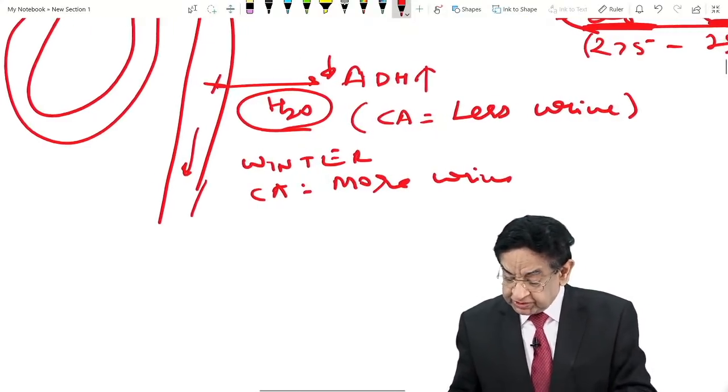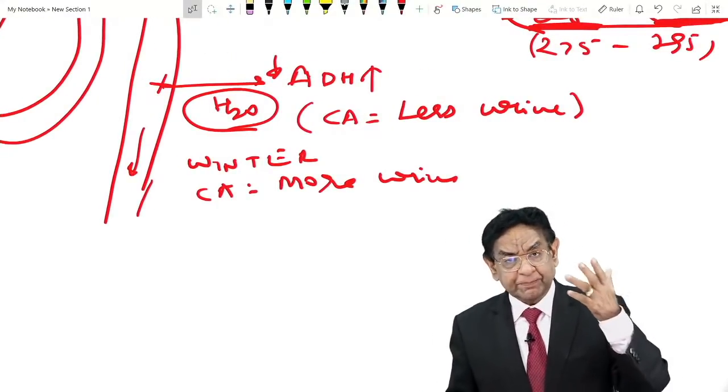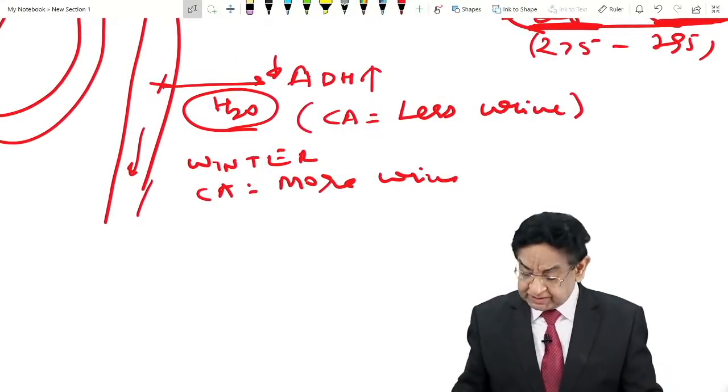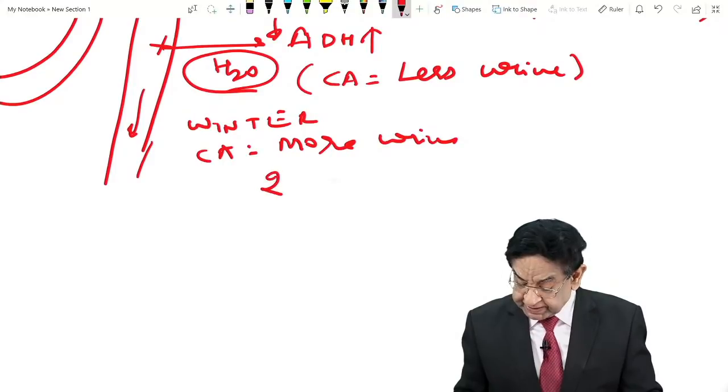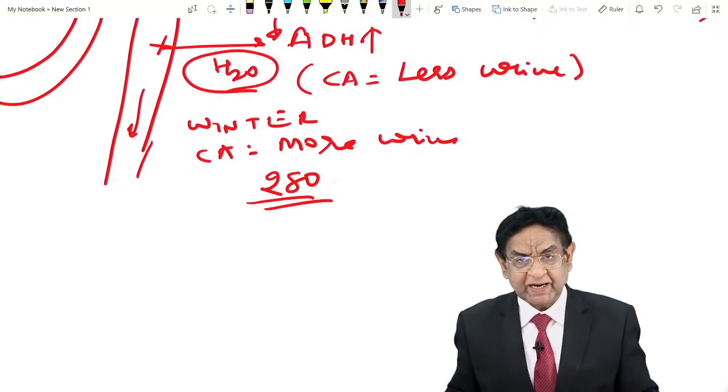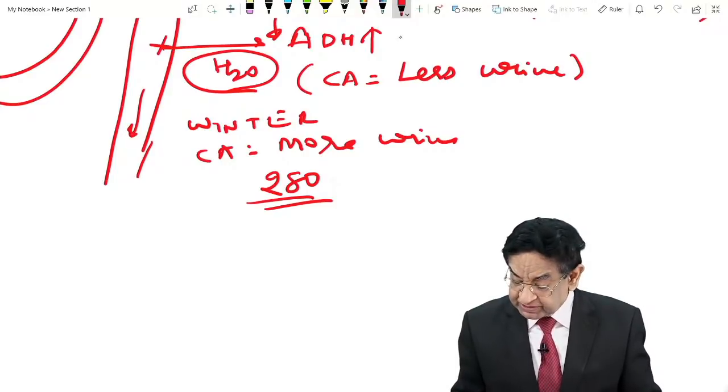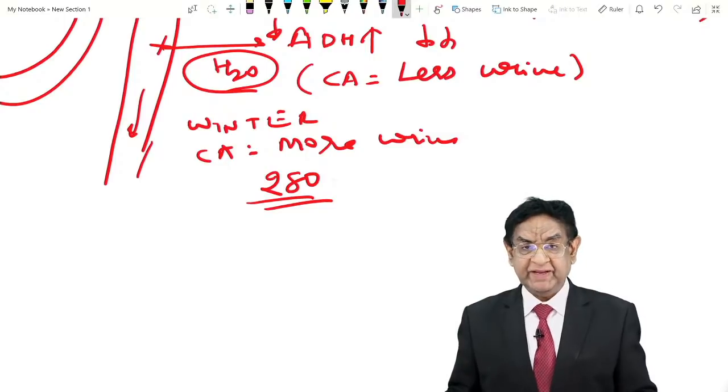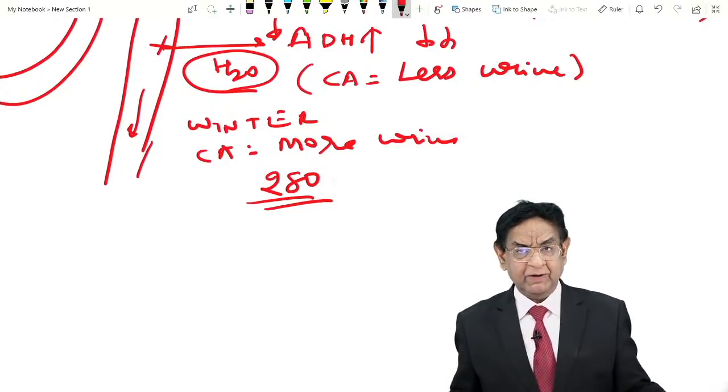So this is normal physiology. Suppose a patient's plasma osmolality is 280. What we expect normally is that the ADH level should be very, very low. We don't want water at all.